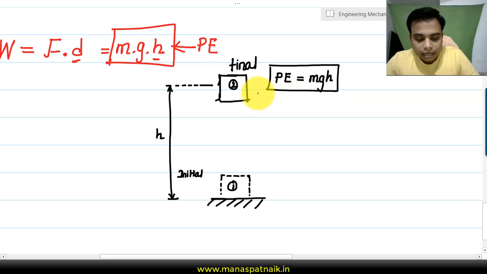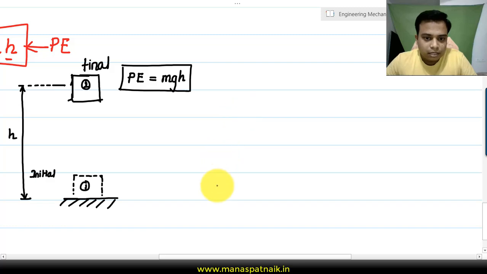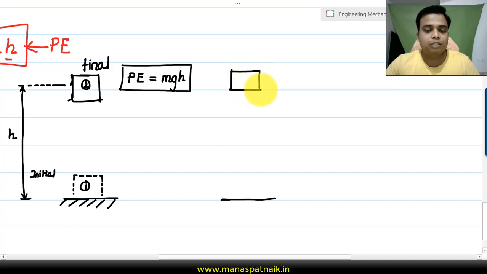That's it. Let's take one more example with some numerical values. Let's say we have a block right here with a mass of 10 kg. This is the ground.